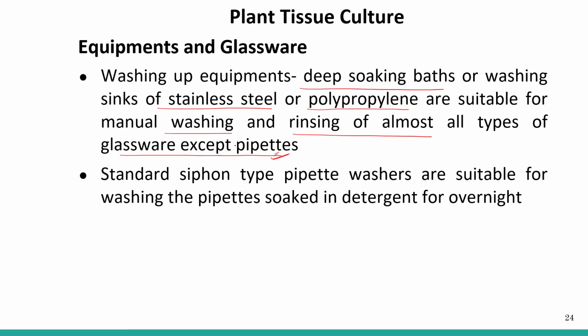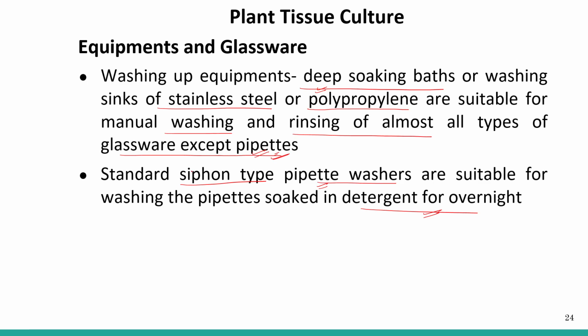So these equipments which are made up of stainless steel or polypropylene, we require deep soaking bath or the washing sink, except for pipettes. Standard siphon type pipette washers are suitable for washing the pipettes soaked in the detergent overnight. So these pipettes are soaked overnight in the detergent.